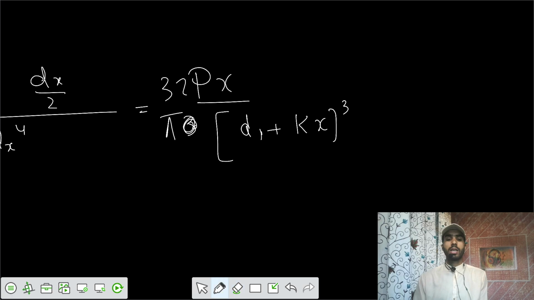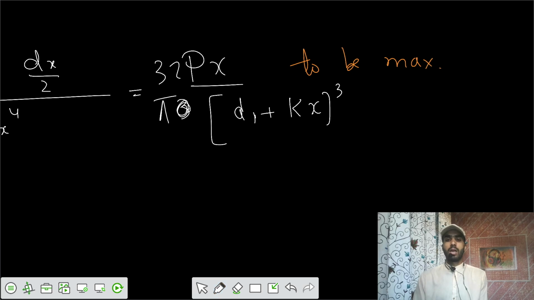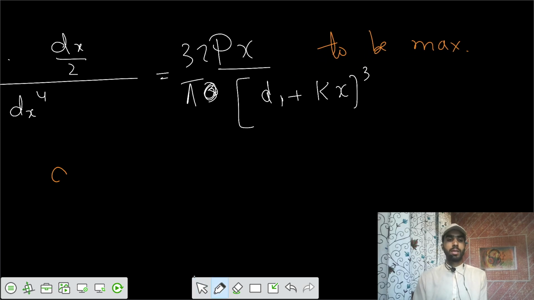So we want it to be maximum. That means we find the extremum with respect to that x, so we can get the value by setting the derivative to 0.